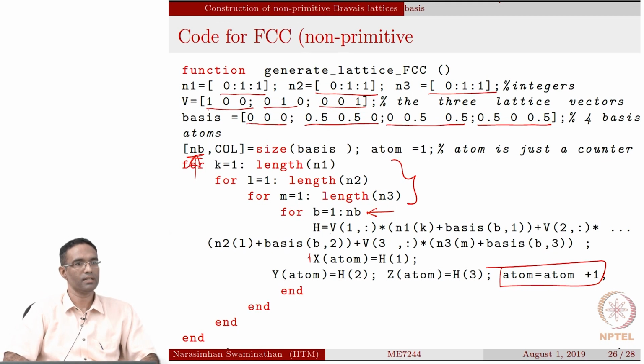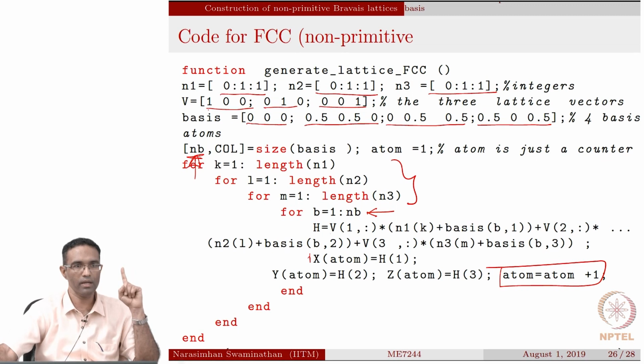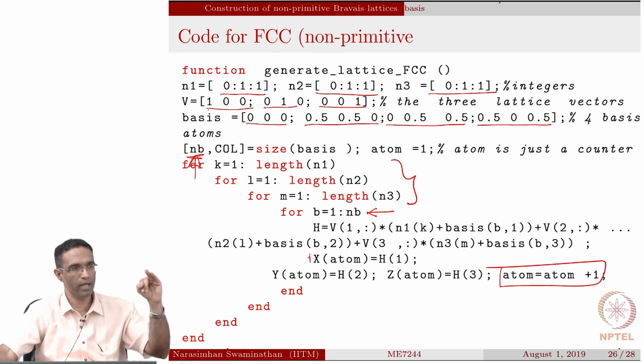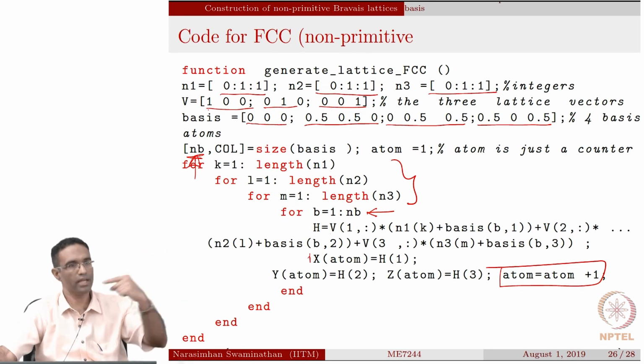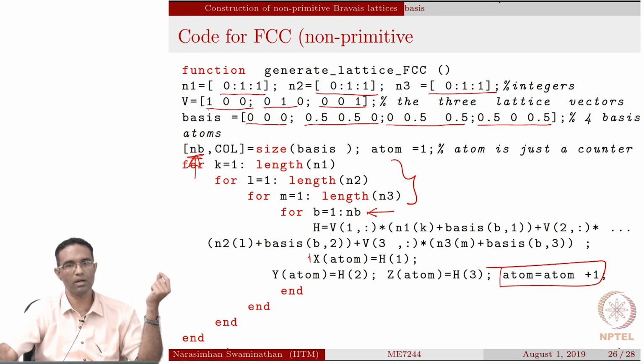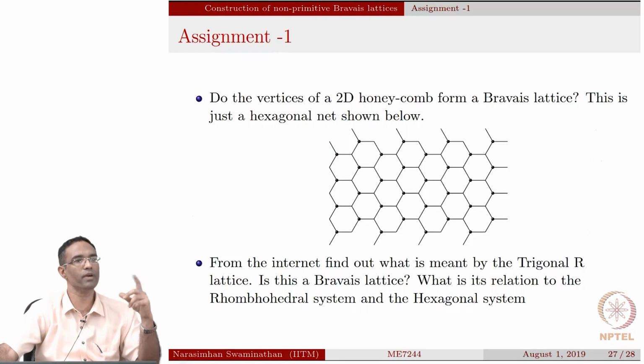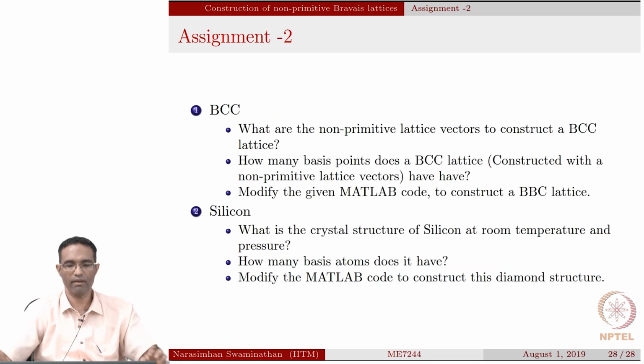The first one will be 0, 0, 0, the second one will be 0.5, 0.5, 0.5, and you can use A0i, A0j, A0k as your lattice vectors. It is also possible for you to choose primitive lattice vectors, but it's very hard to visualize that, but it is possible.